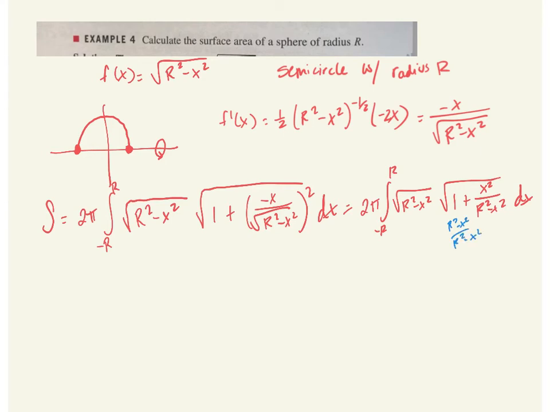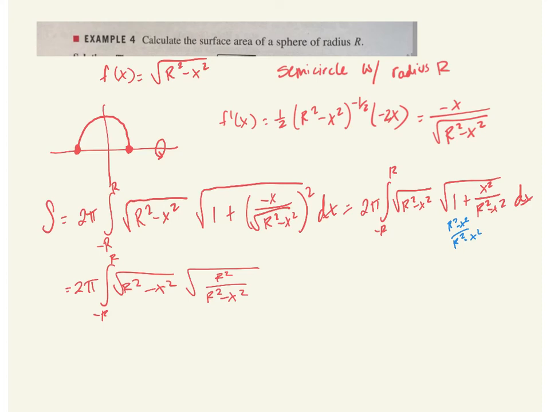And if I perform that addition inside of the square root, this then becomes 2 pi integral from negative r to r of the radius, the square root of r squared minus x squared, times the square root of the arc length, which is now r squared minus x squared plus x squared, just r squared over that denominator.